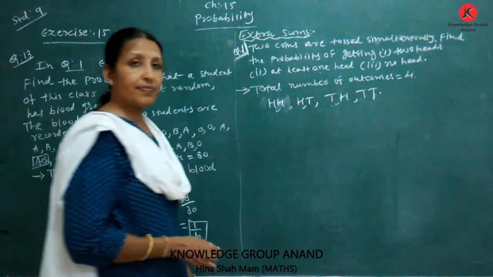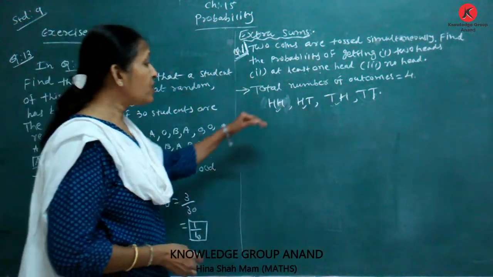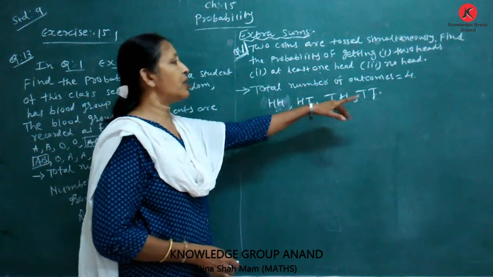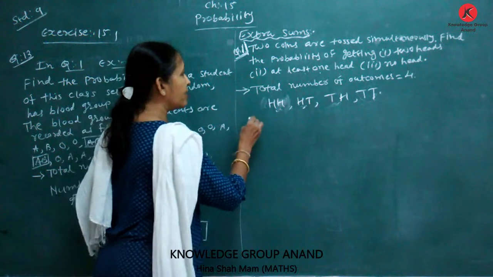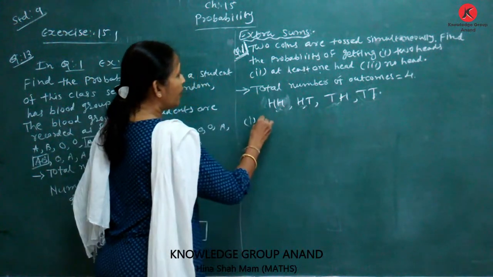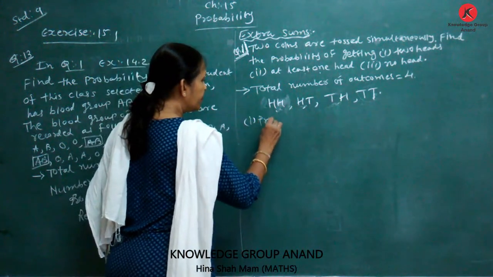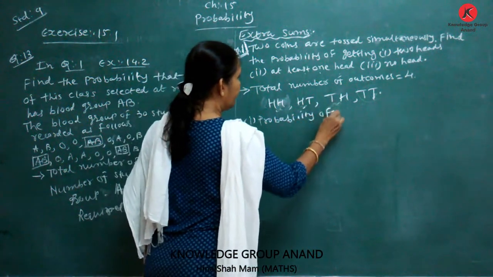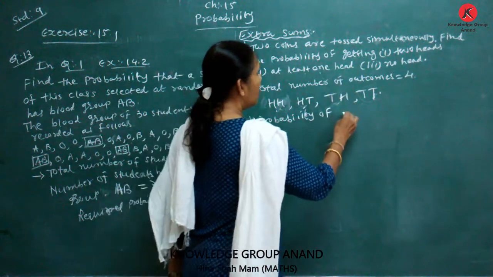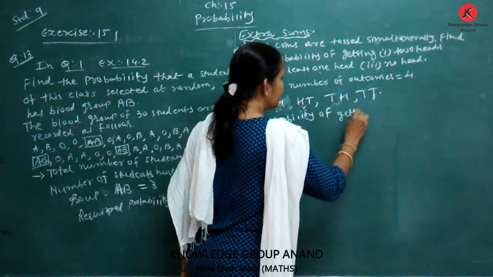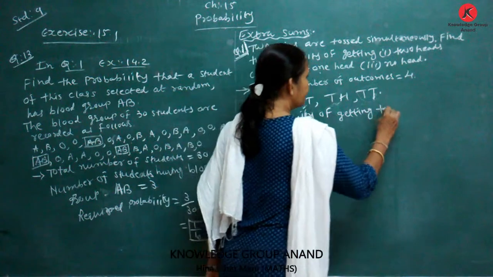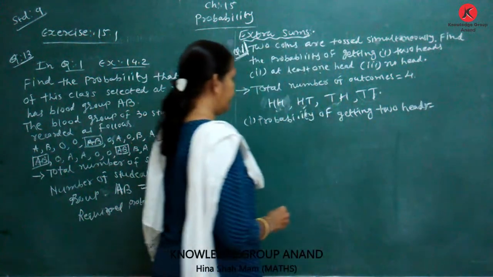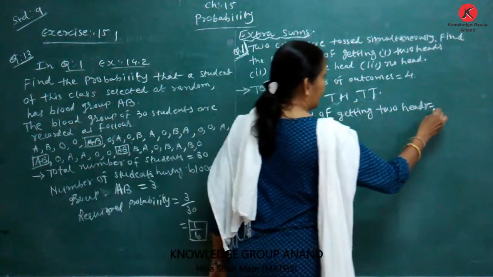Total number of outcomes is equal to 4. Which are the outcomes? I write here: HH, HT, TH or TT. Number 1. Probability of getting 2 heads is equal to P(A).